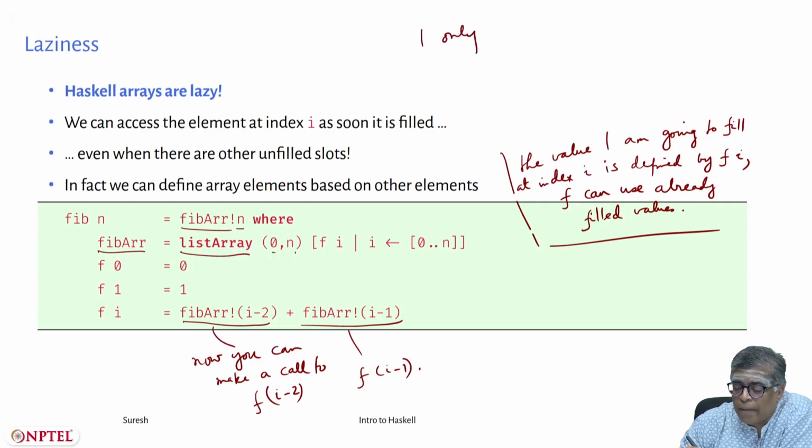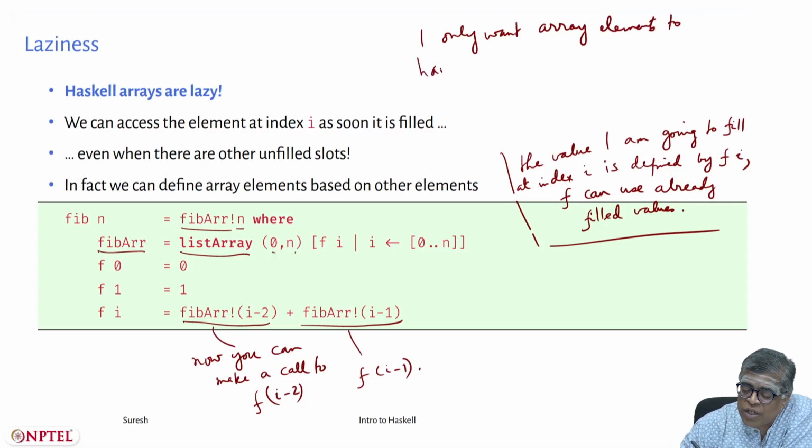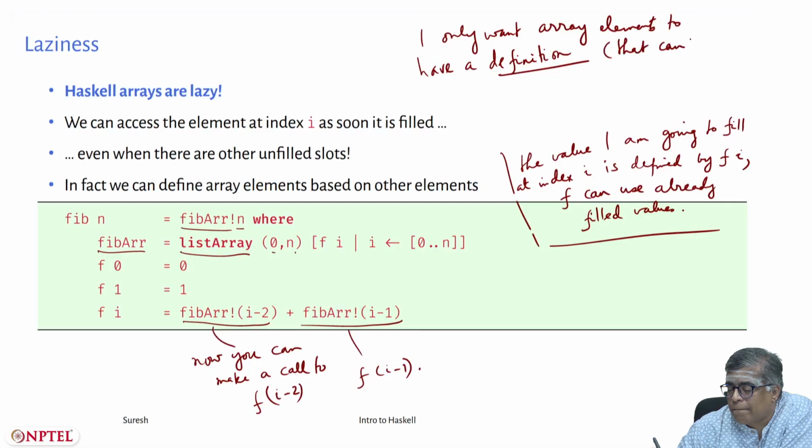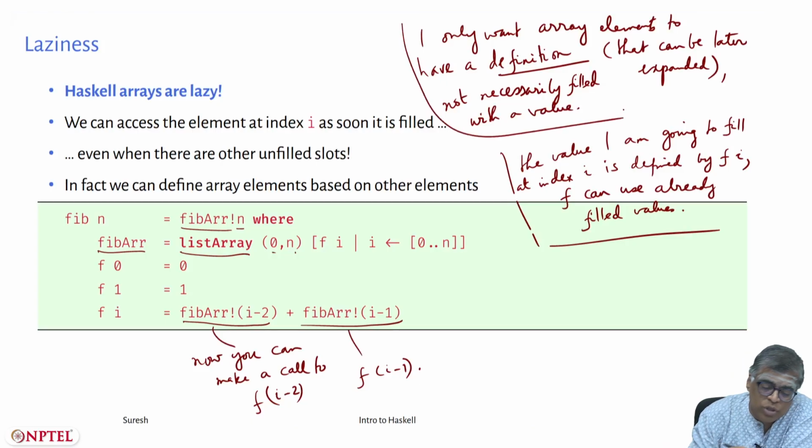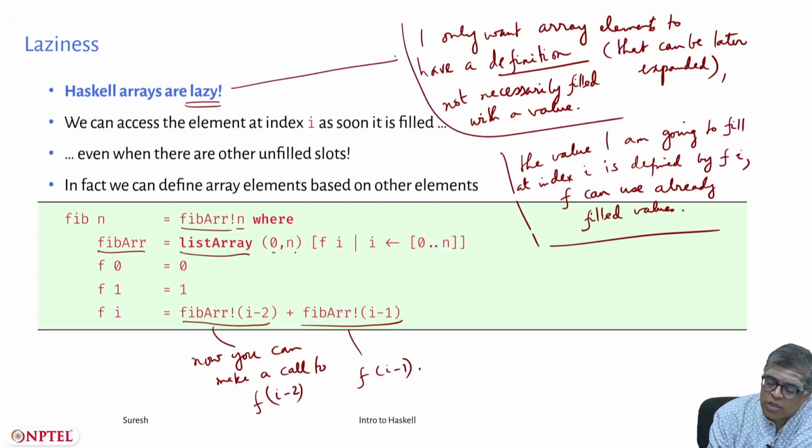I only want array elements to have a definition that can be later expanded, not necessarily filled with a value. Okay, so this is what you mean by lazy. This is what is laziness.